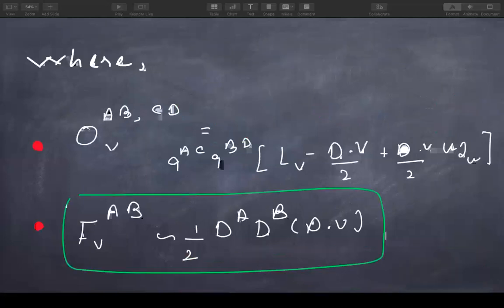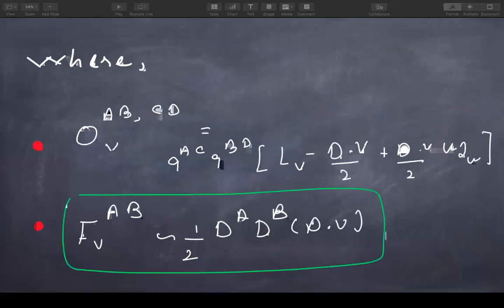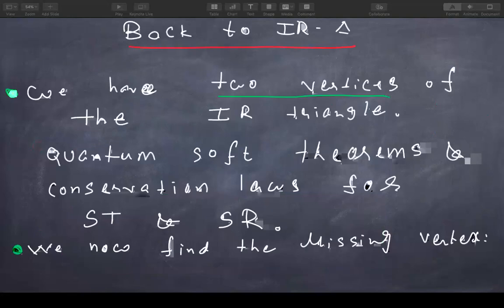O and F are just some functions of the vector field V, and O is a differential operator which acts on C as written here. It has a Lie derivative, a conformal scaling, and a u derivative. And F is just the factor that is written there. They depend on the vector field and the sphere metric, but that's about it.